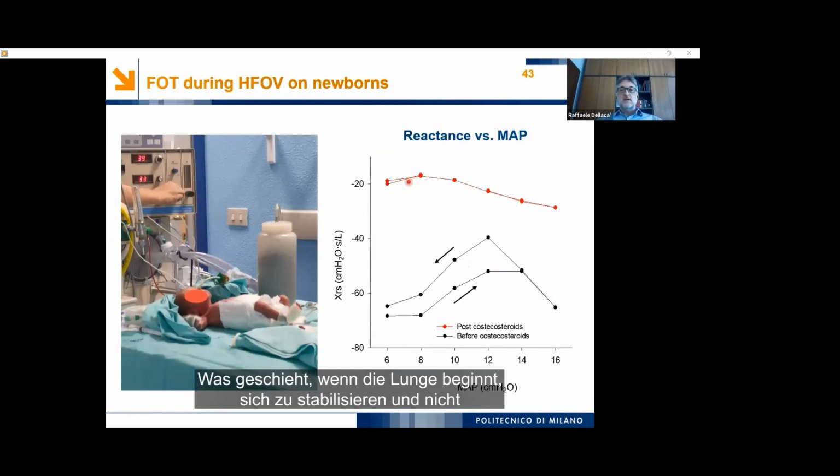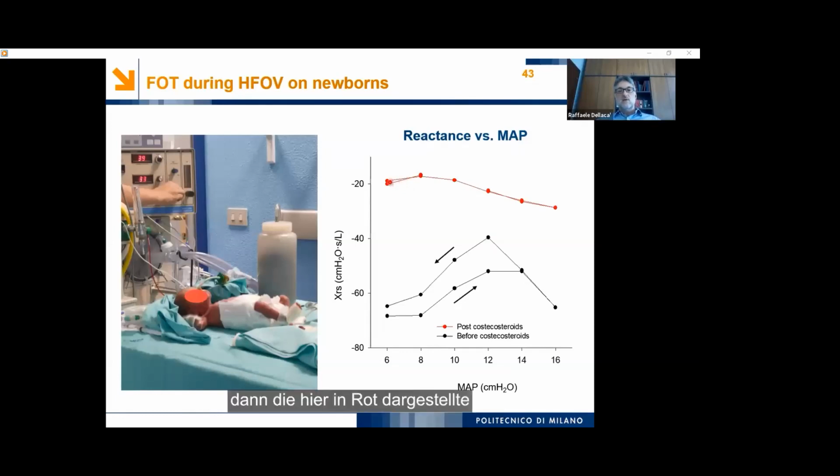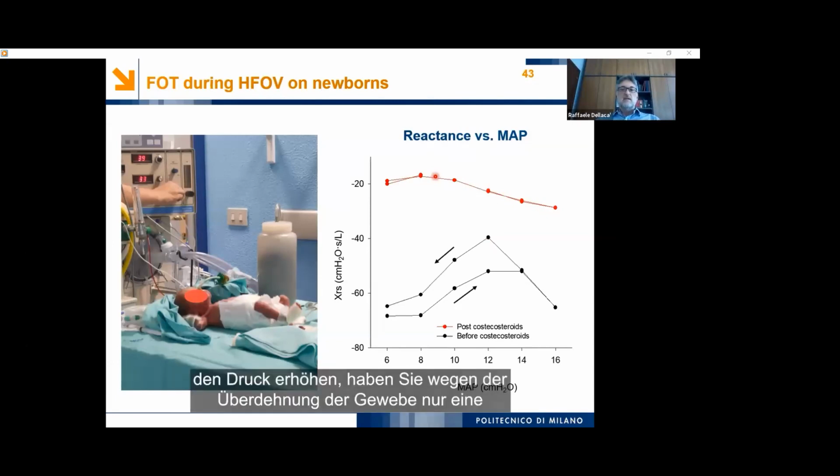What happens when the lung starts to be stable and is no longer derecruited? Well, what we see is the line that you can see in red here. So you have a less negative reactance that is showing that the lung is now fully recruited. And when you increase the pressure, you have just a small tendency of getting more negative because of the distension of the tissues.